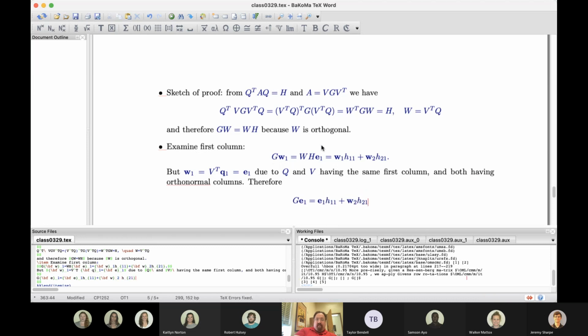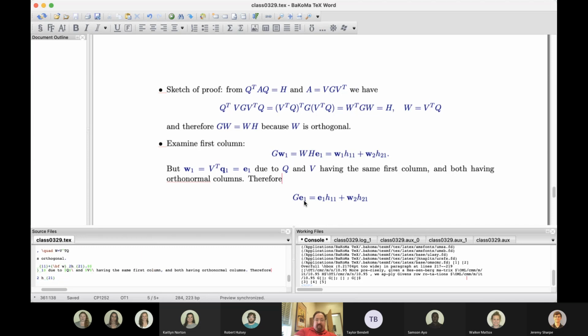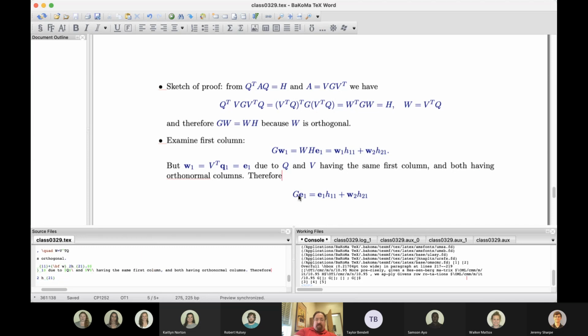Okay. Now, I don't know what W2 is at this point. I know that G is H of Hessenberg, but because G is a Hessenberg matrix, only the first two entries of this vector are non-zero.